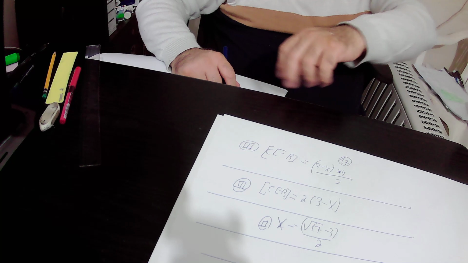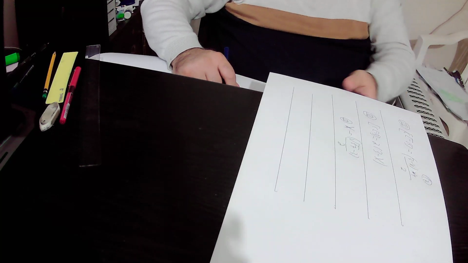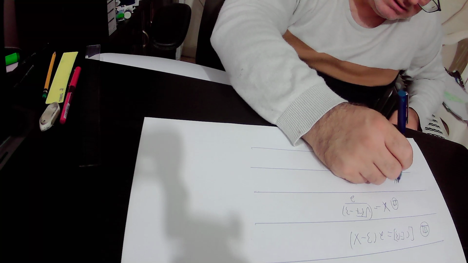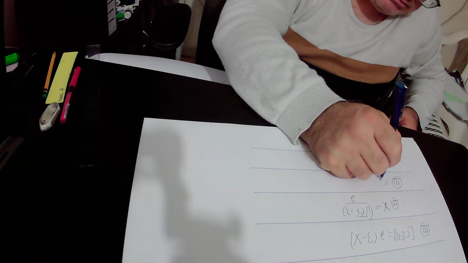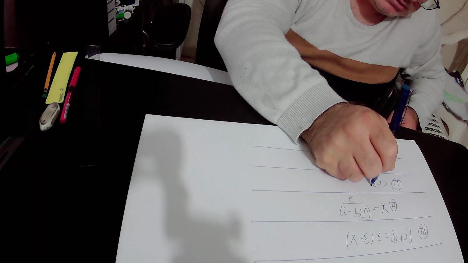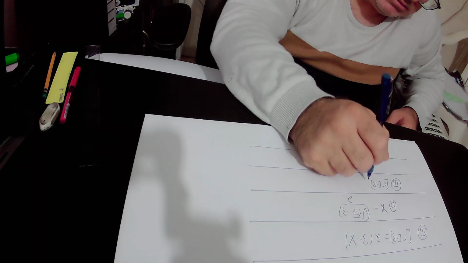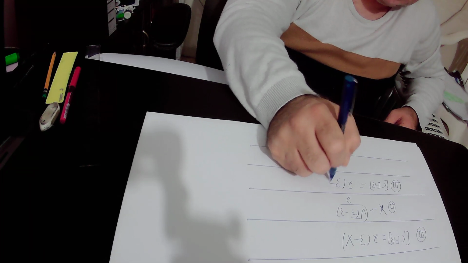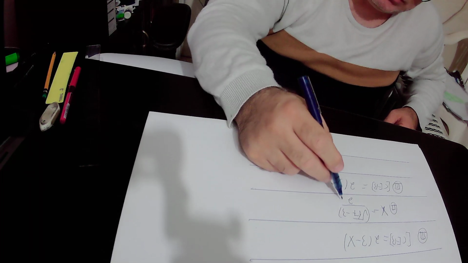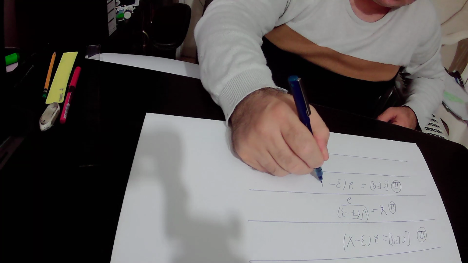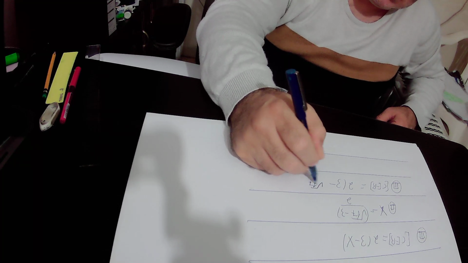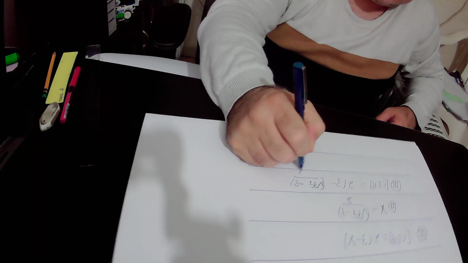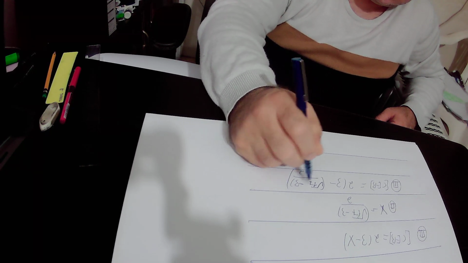And we will get that the area of the green right triangle CEB is equal to 2 times 3 minus x, and x equals, according to equation number 2, square root of 17 minus 3 over 2.